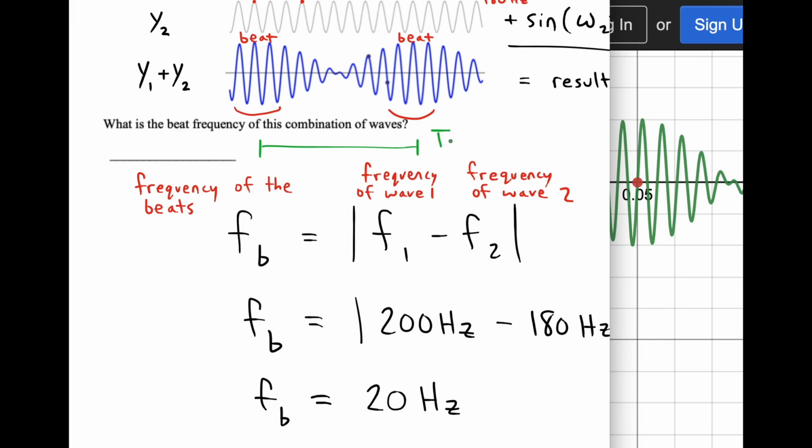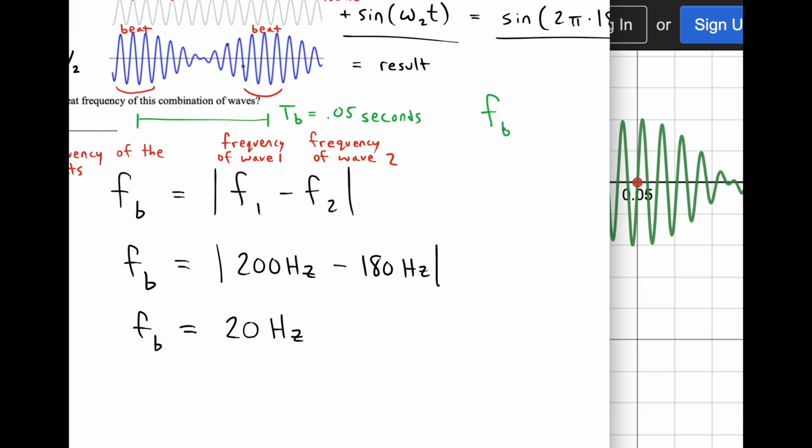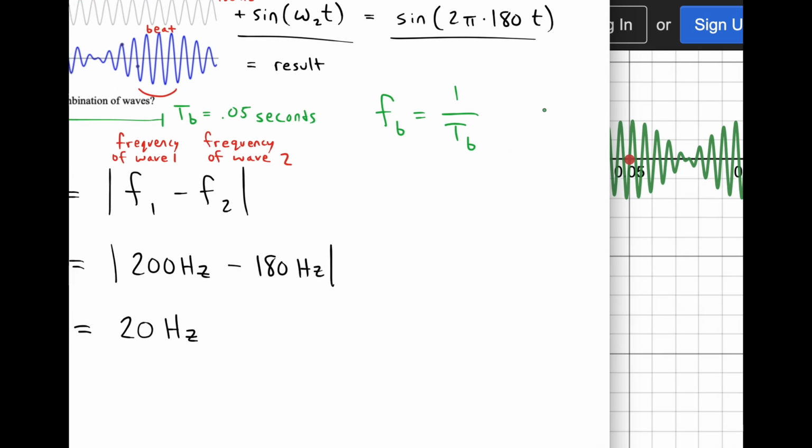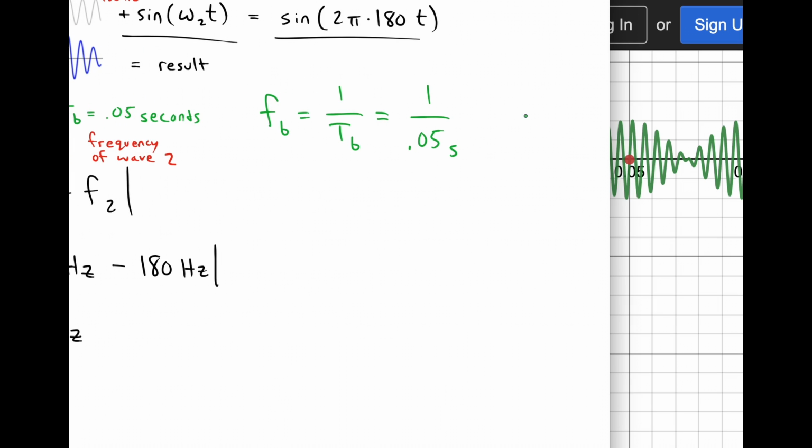Therefore the frequency of the beats should be 1 over the period, which is 1 over 0.05, and that is 20 hertz.